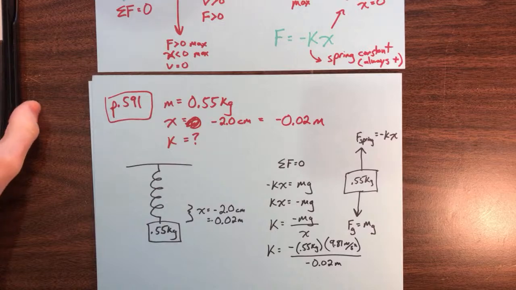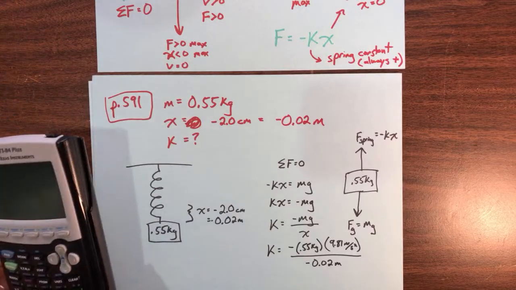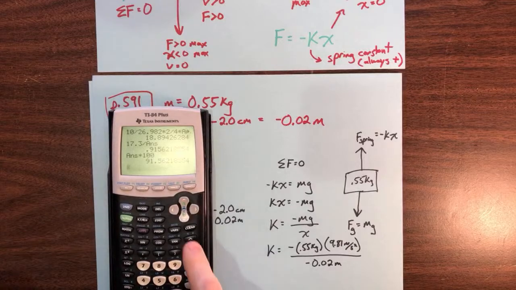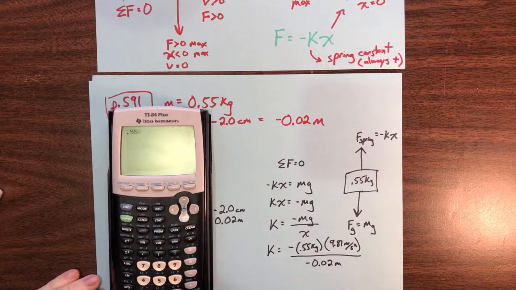You should always have a positive number for the spring constant k. k is always going to be positive. So let me clear this out. That's going to be 0.55 times 9.81 divided by 0.02. Hit enter, and we're going to get a number. I think we can just go ahead and round this off.